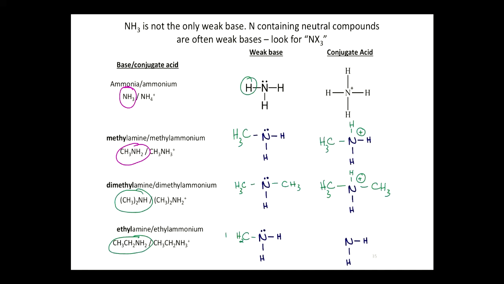So this is CH2CH3. If we wanted to make the conjugate acid, we still have that carbon chain attached to it, but then that lone pair is converted to that proton that got accepted to make that conjugate acid. When that base acts like a Brønsted-Lowry base, it accepts a proton and becomes the conjugate acid.